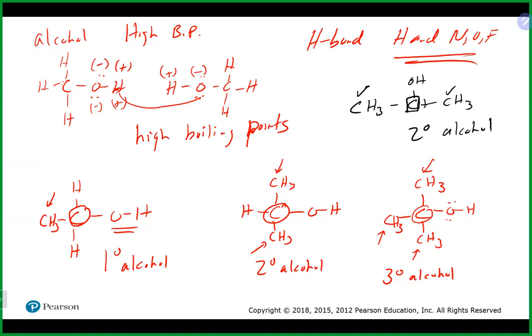All right, so we did talk about sort of naming here. So we do obviously end with -ol. We do give the priority to the OH group in terms of numbering.